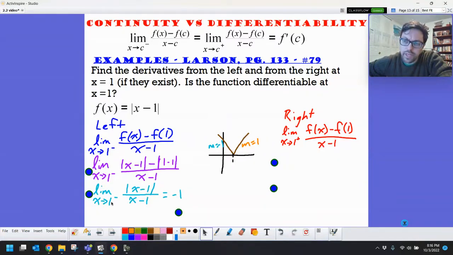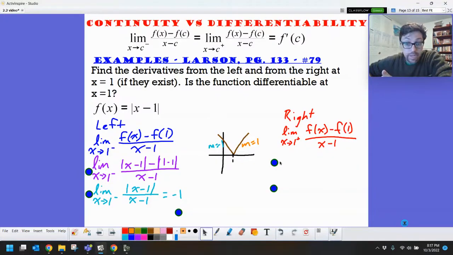And where am I getting that? If you think about numbers that are less than 1, let's go crazy negative, big, like negative 30. Negative 30 minus 1 will be negative. Negative 30 minus 1 will also be negative, but will become absolute value. But these numbers will be the same. So we'll have a negative divided by a positive, and that's negative 1. So our slope, as we come in on this side, is negative 1.